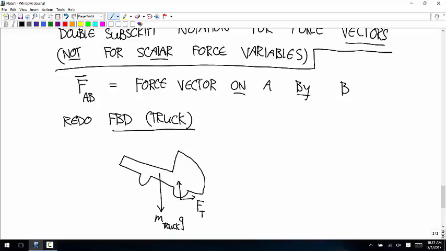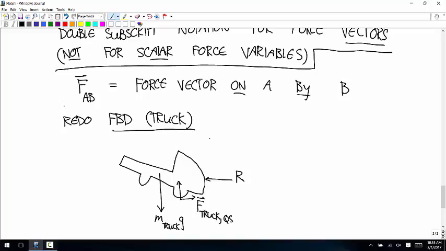You can do it with a single letter representing it or whole words. I'm going to do on the truck by the quicksand. And then here, guys pushing the truck. Since we know the direction of that force, the variable associated with this force is a scalar. It's not a vector. And so I'm not going to use that double subscript notation here. I'm still just going to call that a variable r.